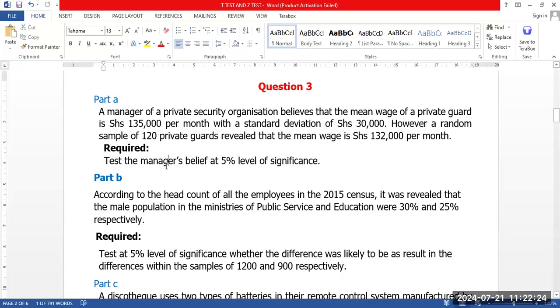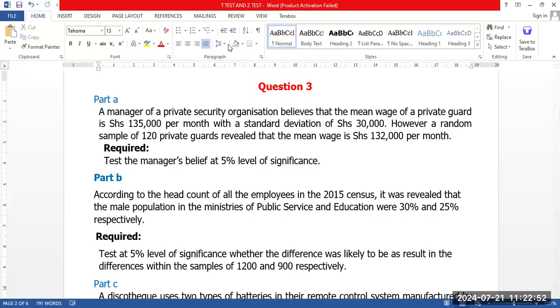So what will be your null hypothesis here? This manager believes that the mean wage of a private guard is this one per month. So that is your null hypothesis. The belief stated in the question.